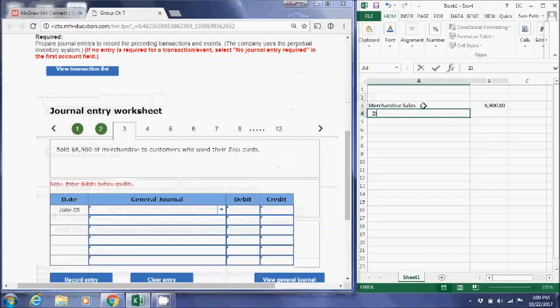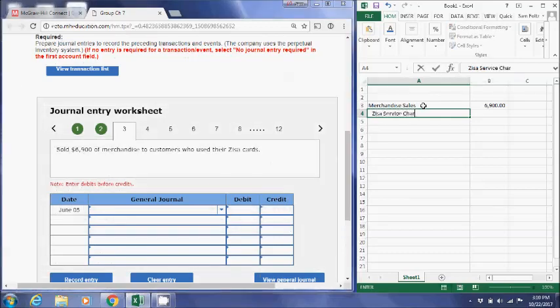The Visa service charge is 3%. So the amount deposited should be the difference. Whoops, I guess actually we should say the total Visa charge, which then will give us the amount deposited.